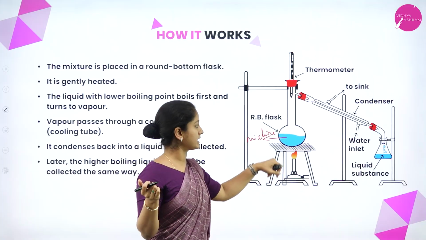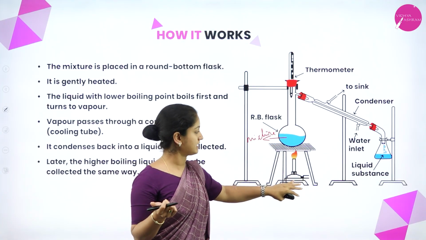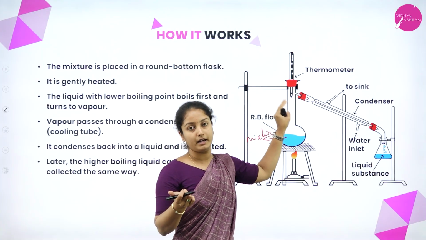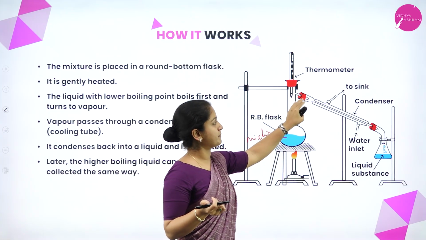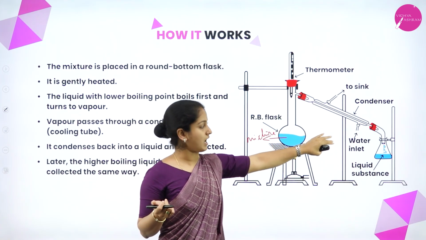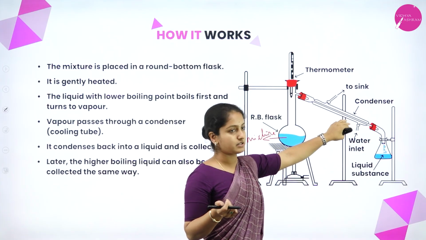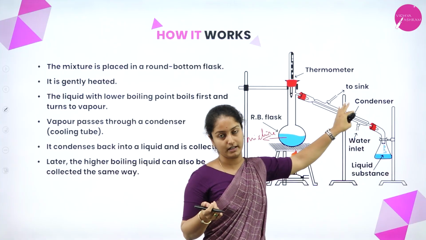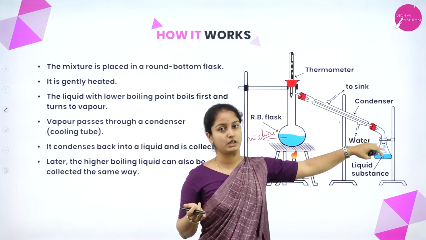Now, how it works is, the mixture is placed in the round bottom flask and heat is supplied to the mixture. As soon as the liquid reaches its boiling point, the vapors of such liquids are passed on to this condenser unit. What the condenser unit does is, when water is circulated in the condenser unit, the vapors are cooled down and converted to liquid.